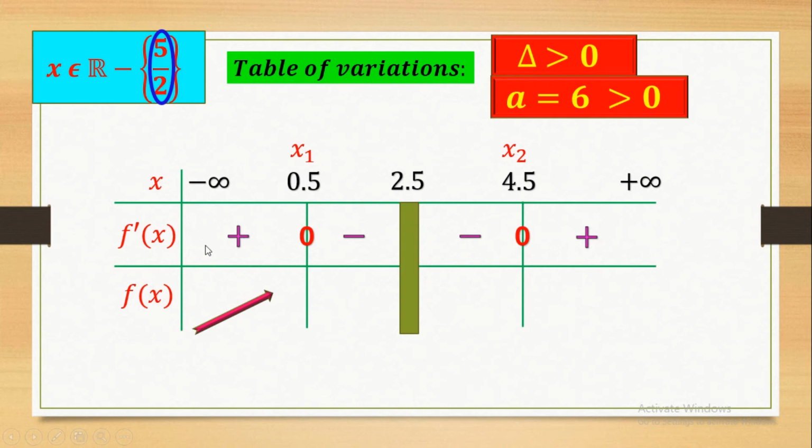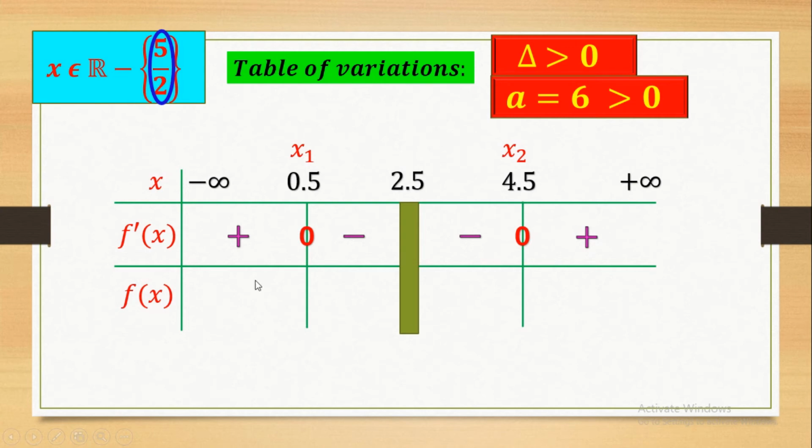Outside the roots, it's the same sign as a, and between the roots, it's the opposite sign of a. So we can say that the derivative f prime is positive from minus infinity to 0.5 and negative between 0.5 and 4.5, the two roots, and it will then be positive from 4.5 till plus infinity.